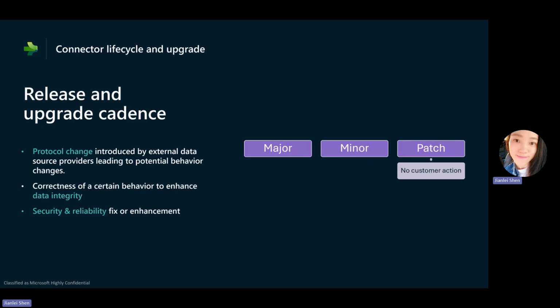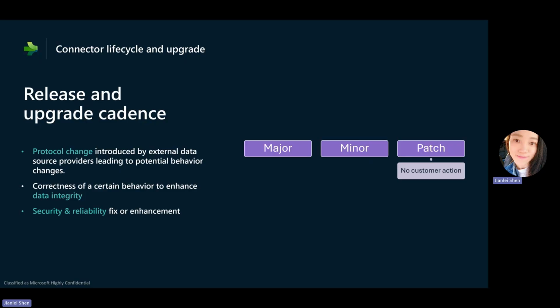In that case, we will prefer to introduce a new version for the customers to adopt instead of changing the existing ones. And of course, there are some cases where we want to correct a certain behavior for the sake of enhancement or optimization, for example data integrity.